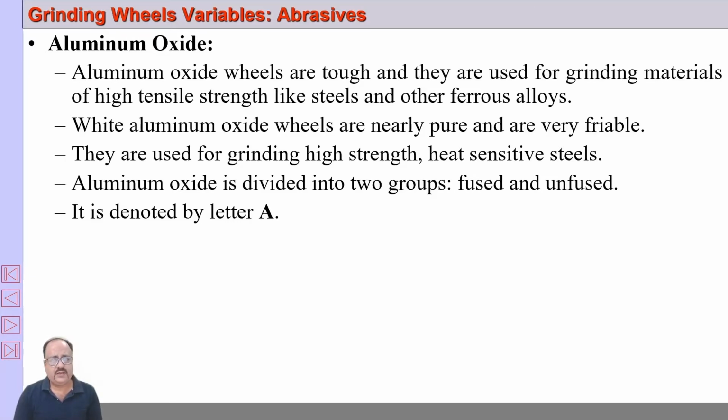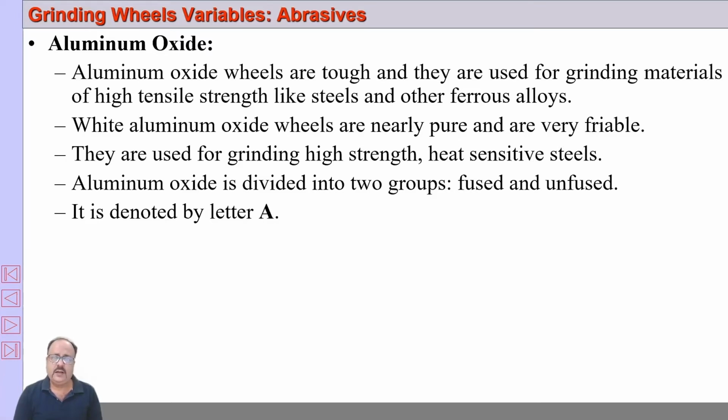The first abrasive that we will discuss is aluminum oxide. Aluminum oxide is normally a general purpose abrasive, much tougher than silicon carbide but less hard. It is normally available in two colors depending on its purity, gray and white.